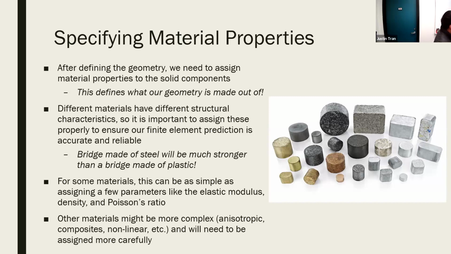Okay. So for instance, for a block of wood, whichever direction the fibers in the wood are running, you want to make sure you're aware of that, because that's going to affect the strength of that wood in different directions. Okay. So we'll be talking about anisotropic materials, orthotropic materials, nonlinear materials, hyperelastic materials in this class, and we're going to talk about how that affects your results.